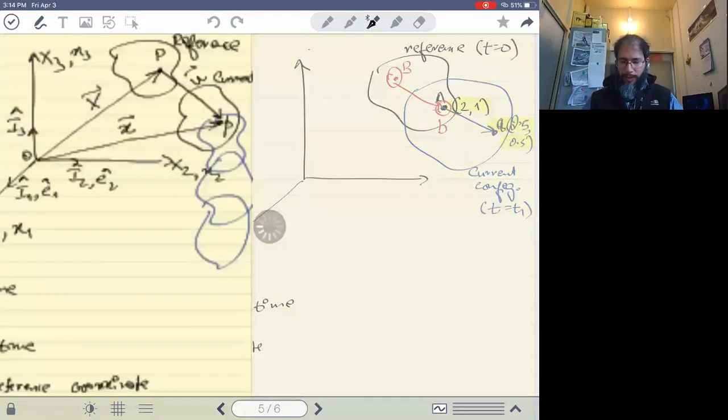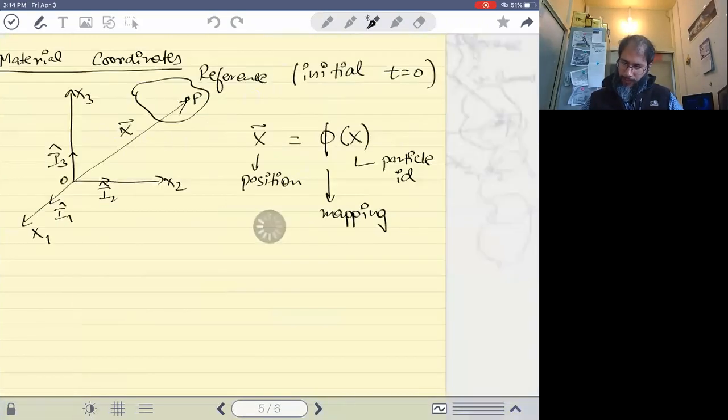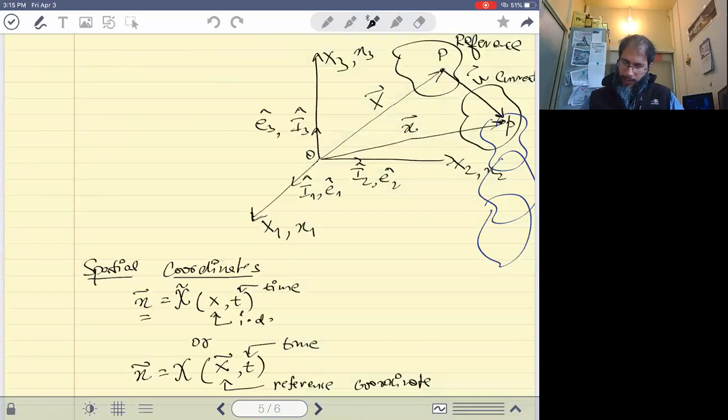So if I go back 2 slides, in my discussion of spatial coordinates, if I ask you, what is kappa of capital X comma 0?